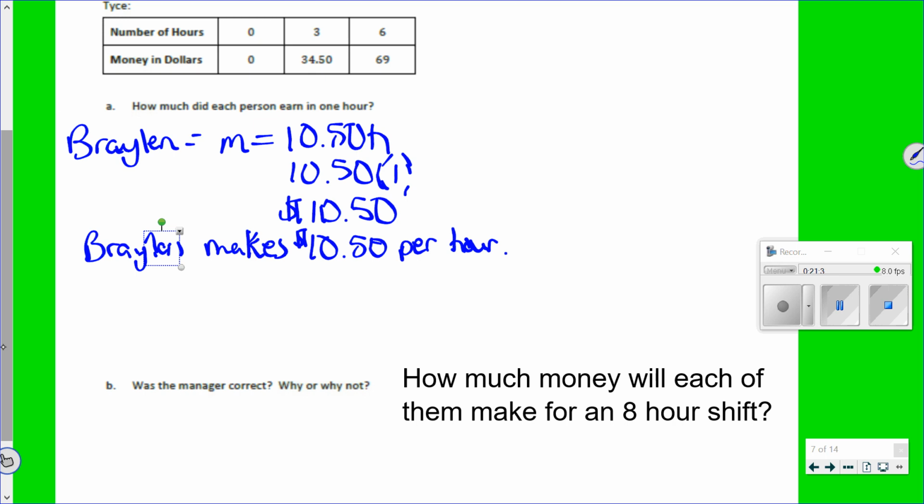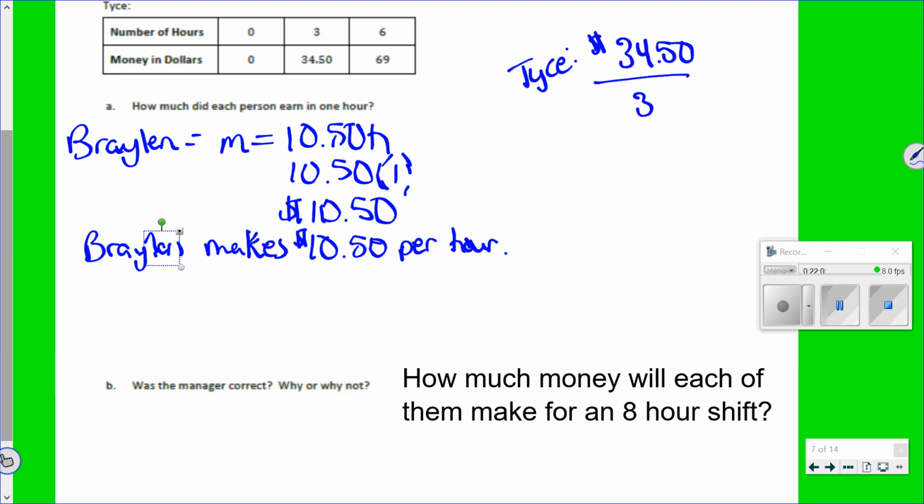All right, then we have Tice. He set up a table. What is Tice's rate that he gave us? What rate did Tice give us in his table? You can tell me. Tice's rate was $34.50 for 3 hours.